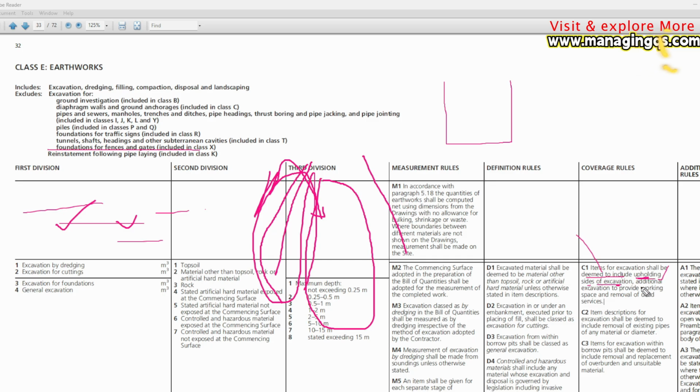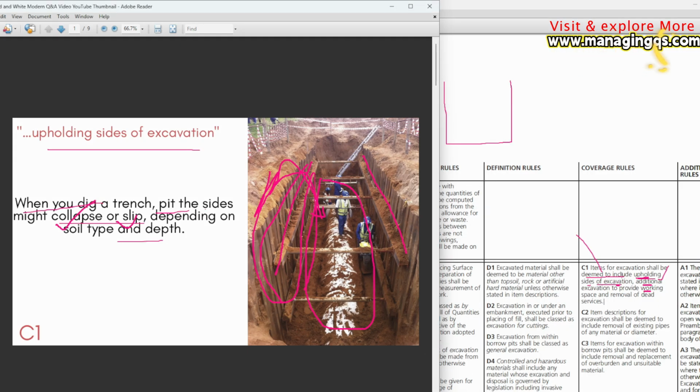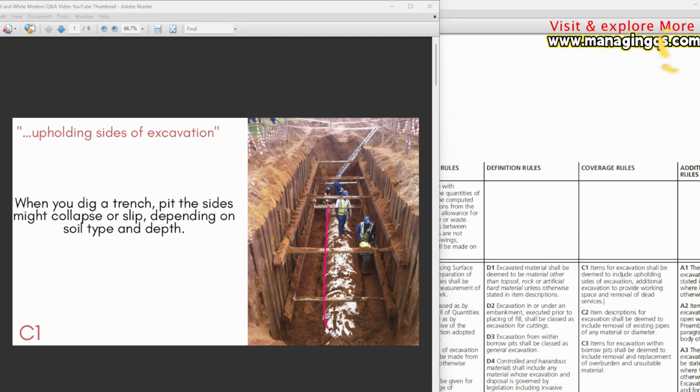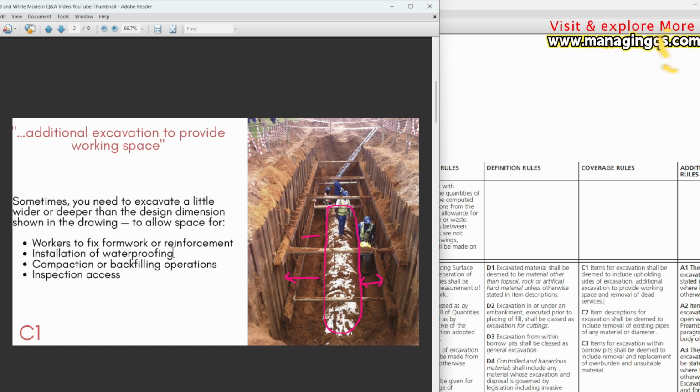It also says the additional excavation to provide the working space. Working space means you can see here there is a pipe we are going to lay in this area only. The other portions, we call this area the working space. In the working space, the workers can fix formwork or reinforcement, sometimes install waterproofing, and we can use this workspace for compaction or backfilling. You can see the compaction process is also going on.